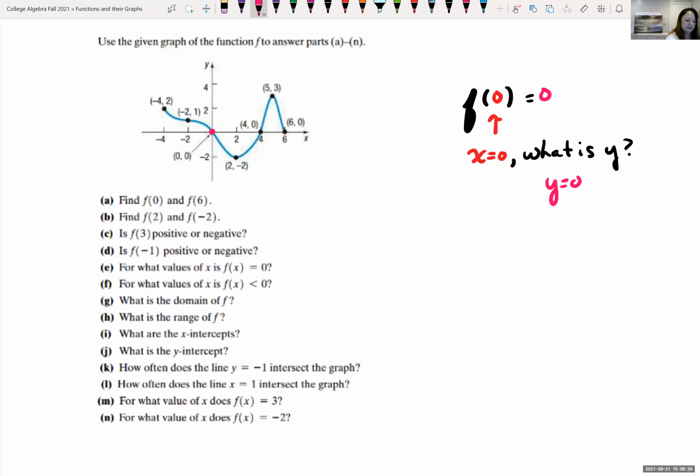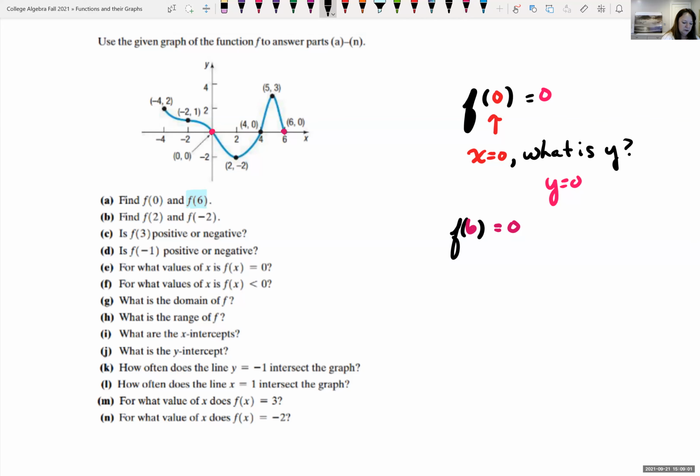So this f of 6, we're looking at when x equals 6, we want to know what y is. If I look down here or over here, when x equals 6, my y value is 0. So find f of 2 and f of negative 2.